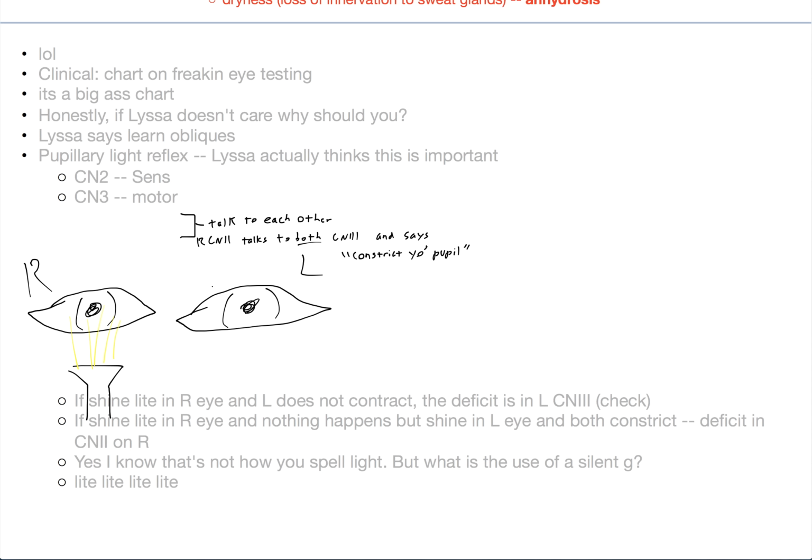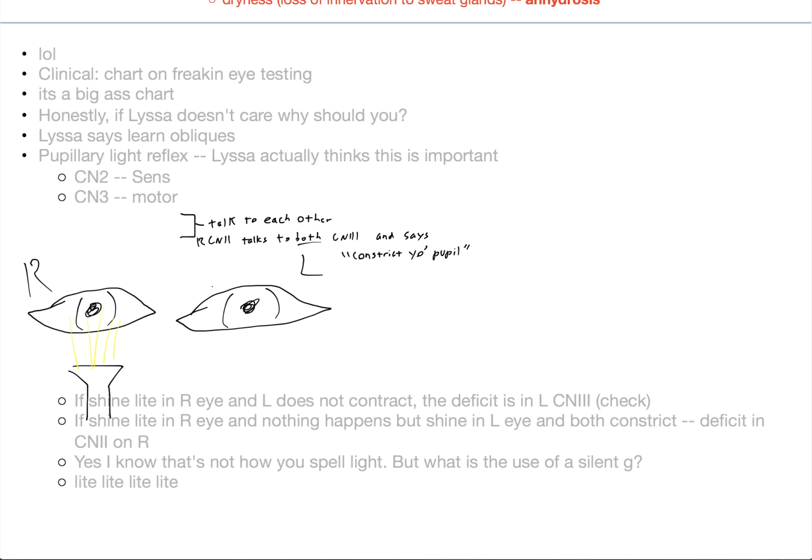Cranial nerve 4 and cranial nerve 6 are really fast. Thank the Lord. Okay, so cranial nerve 4: name, motor sensory mode, fibers, GSE.